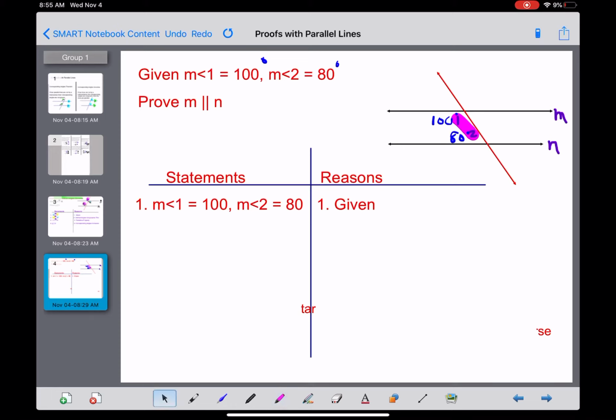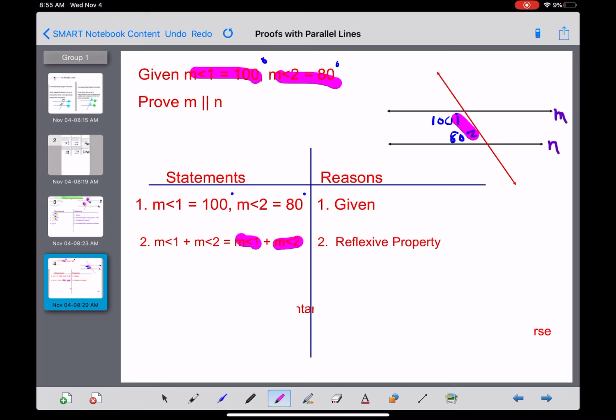So I wrote down the measure of angle 1 is 100 degrees. The measure of angle 2 is 80 degrees. The reason is that it's given. I'm going to restate that if I add together the measures of angle 1 and 2, that'll be the same as adding together the measures of 1 and 2. That is our reflexive property, because the two angles added together equals itself. Now I can do a little bit of substitution, because I know that angle 1 is 100 degrees and angle 2 is 80 degrees.